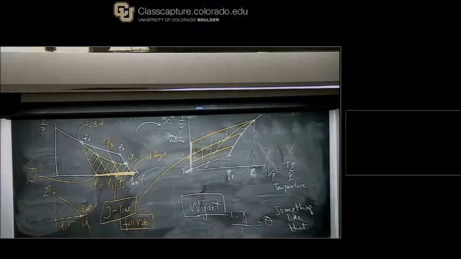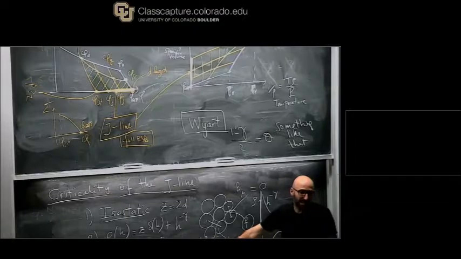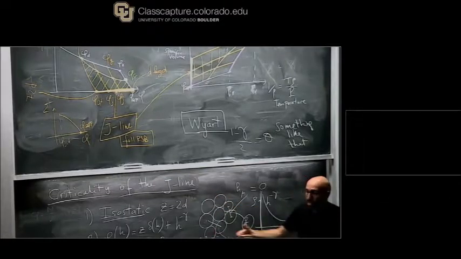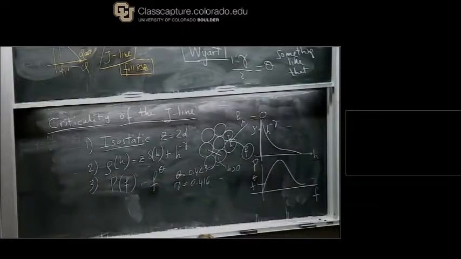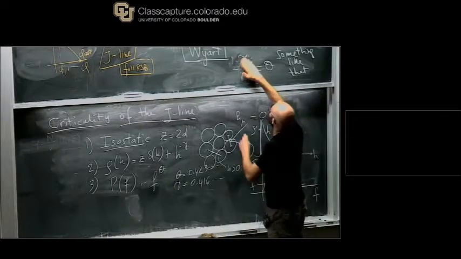Anyway, you get the relation between the two exponents, which is exactly satisfied by the results we get in the replica calculation, which is non-trivial. Theta is 1 over 2 plus gamma.